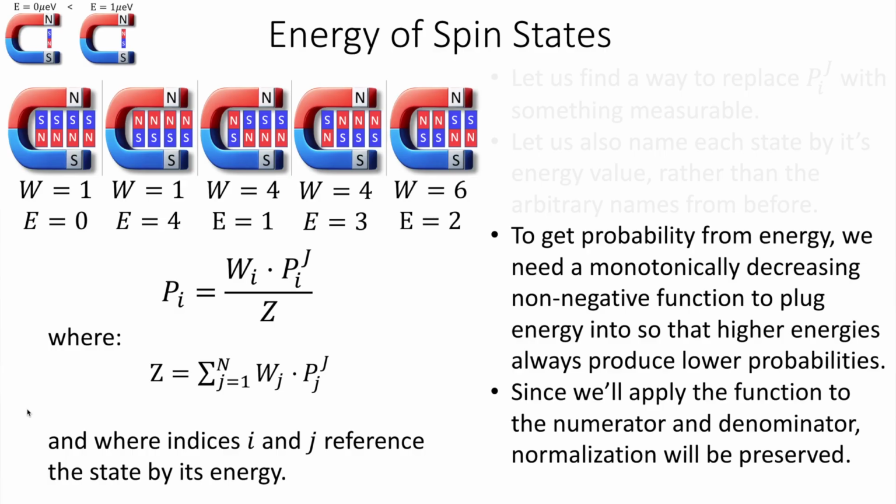Also, negative probabilities don't have any meaning. So we can't have our function returning a negative probability. So this function cannot go below the x-axis. And of course, normalization must be preserved. If we add the probability of every possible state, it needs to add to 1. But since we're going to apply this function to both the numerator and every term in the denominator, our normalization is going to be preserved.